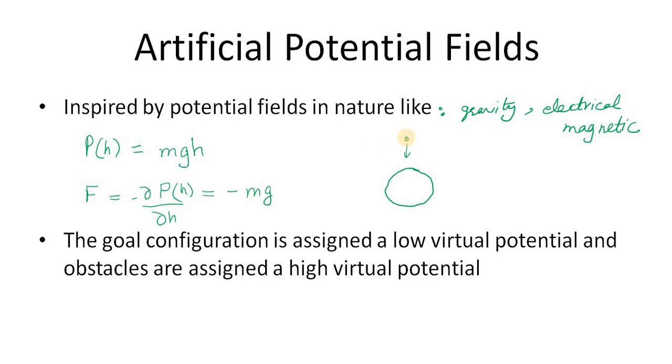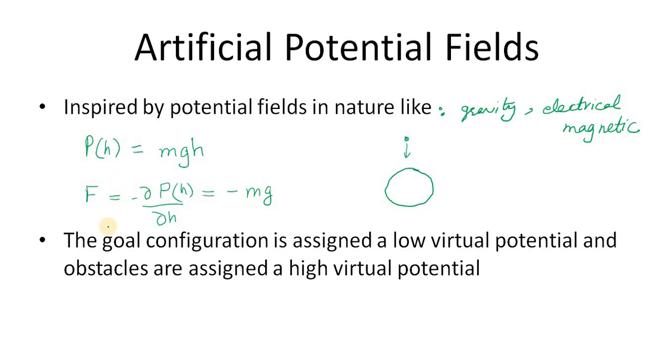So we try to mimic the same behavior for the path planning of the robot. We say our robot is an object or a point, and it experiences a force toward the goal. We model a virtual field that doesn't actually exist, but we mathematically model it so the robot experiences a force.